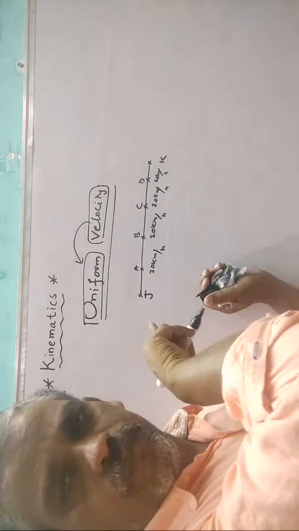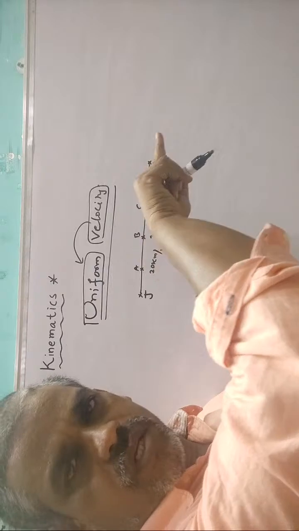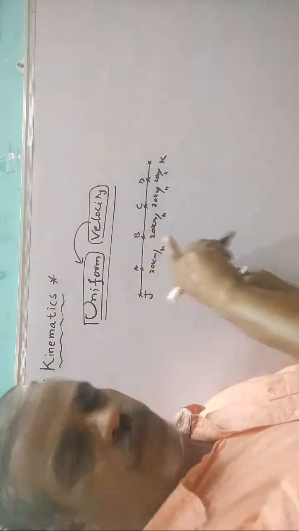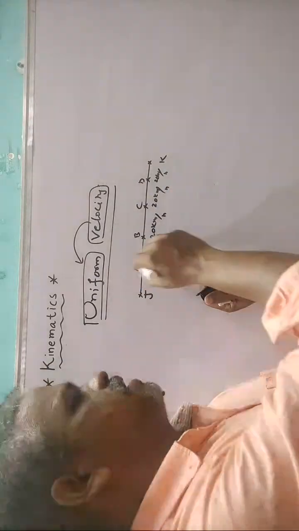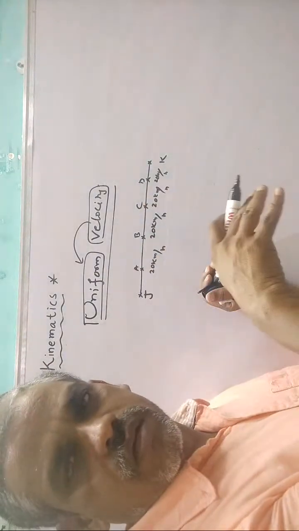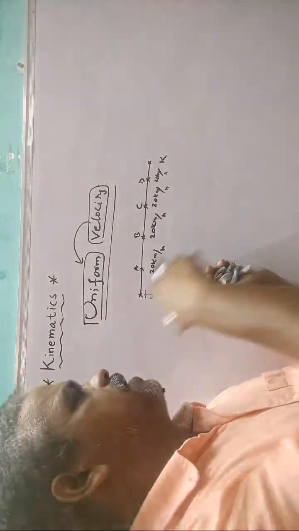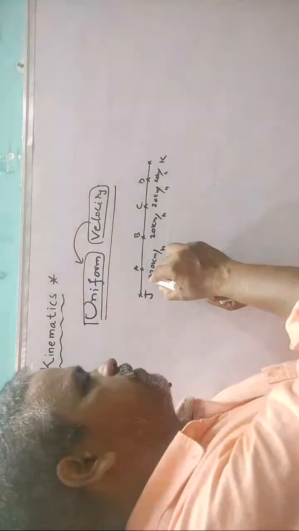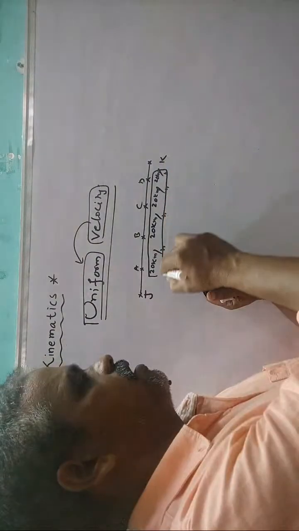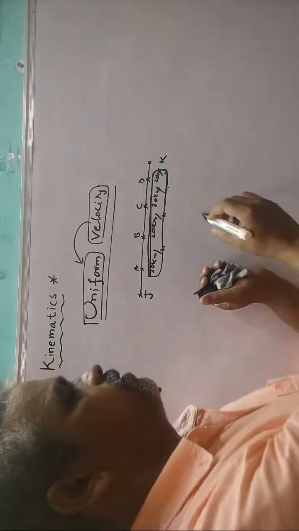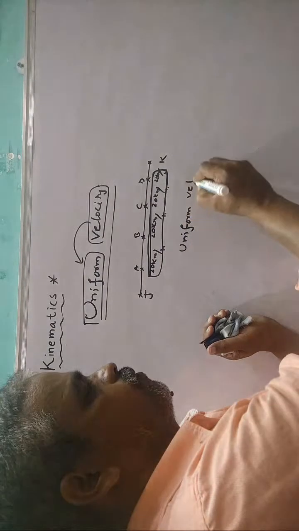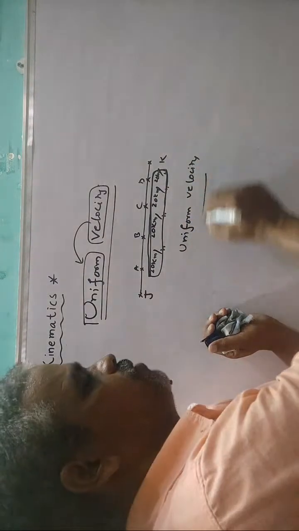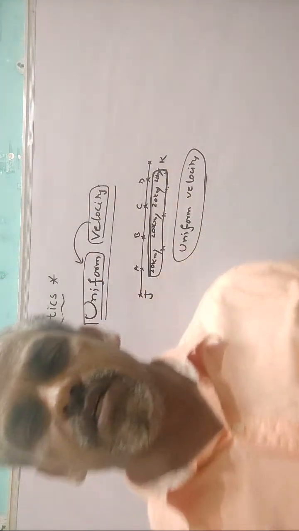Throughout the journey from Jaichal to Karimnagar, if you check the velocity at any point, if it is the same, then the body is moving with uniform velocity.